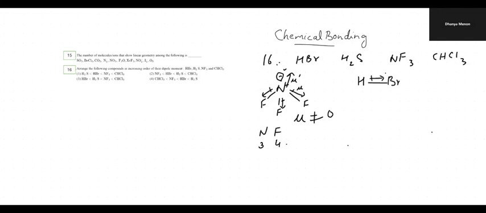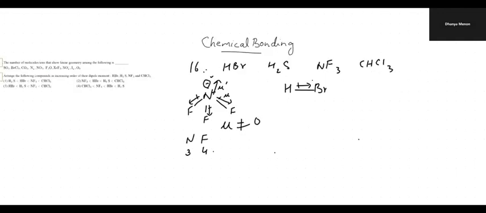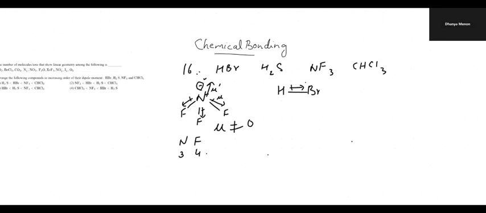Now coming to HBr. There is some amount of electronegativity difference between hydrogen and bromine, so it is polar. The next one is hydrogen sulfide. Sorry, I have drawn it wrong: sulfur with hydrogen, hydrogen. So 6 electrons in the outermost shell, 2 monovalent atoms.